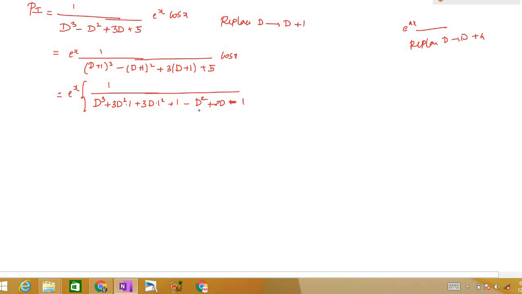Since you have minus here, the whole term will be minus d square minus 2d minus 1, plus 3d plus 3 plus 5 of cos x. Now this will be e power x into 1 by, so d cube. Here we will have 3d square, and again here we have minus d square. So overall 3d square minus d square will be 2d square, right?